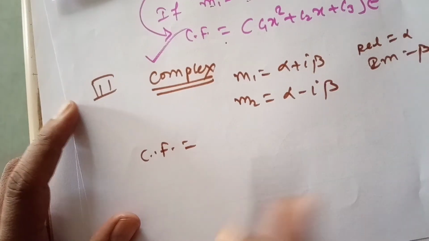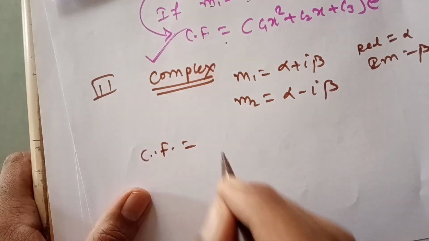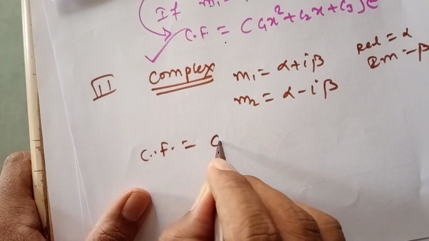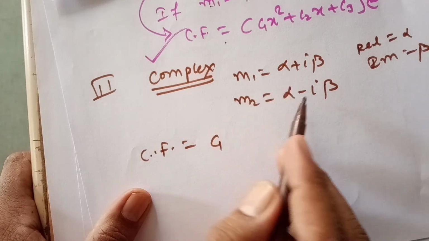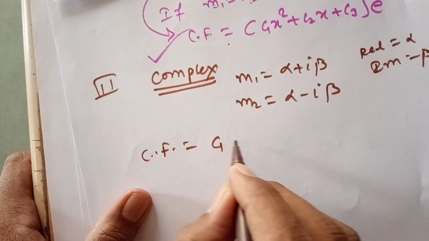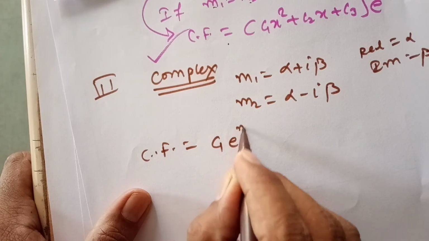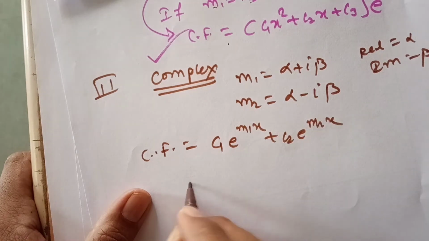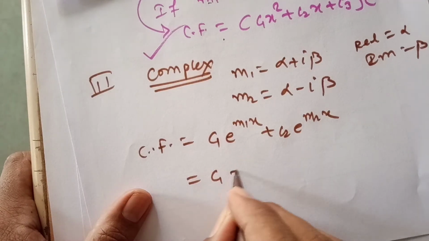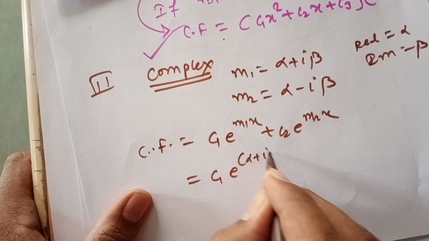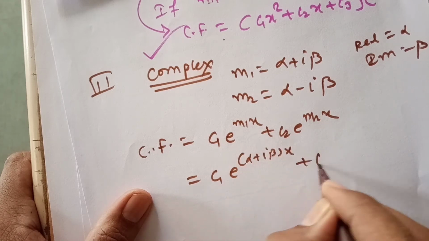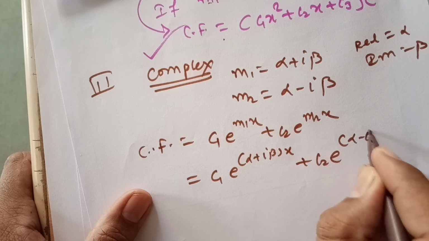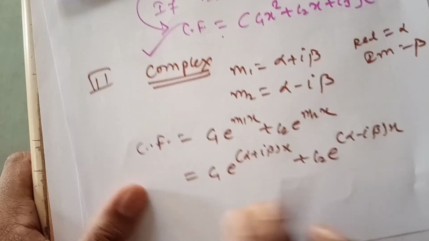Now here roots are complex, and moreover these are distinct roots. That's why I will write this property: C1 into e raised to m1x plus C2 into e raised to m2x. But m1 is complex, so e raised to (alpha plus i beta) into x plus C2 into e raised to (alpha minus i beta) into x.